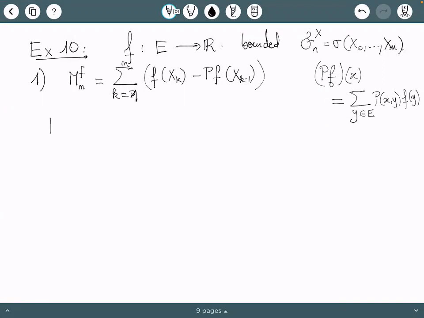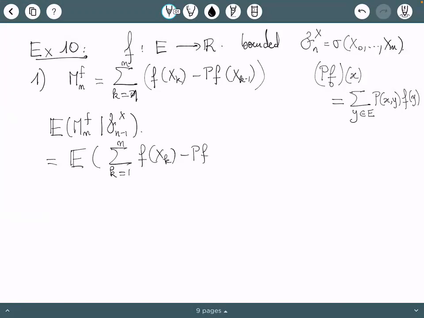So let us compute the expectation of M_n^f given F_{n-1}^X. By definition, it is the sum from k equals 1 to n of the expectation of f(Xk) minus Pf(X_{k-1}) given F_{n-1}^X.